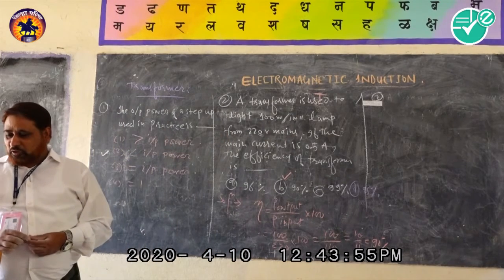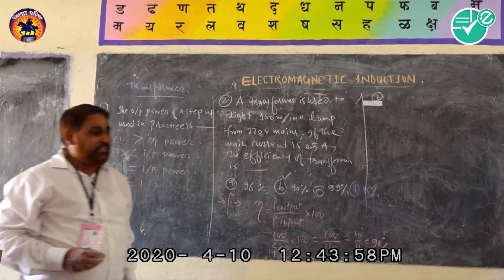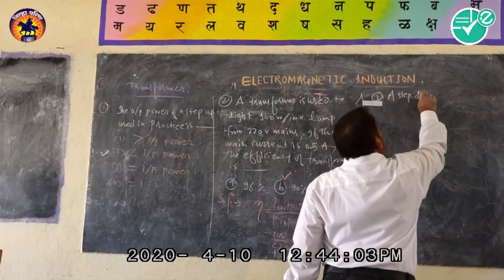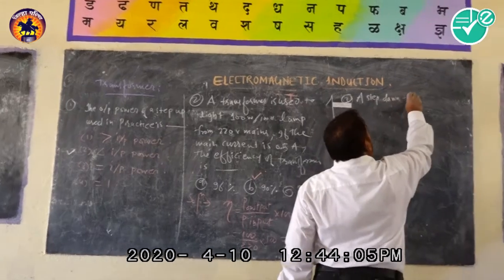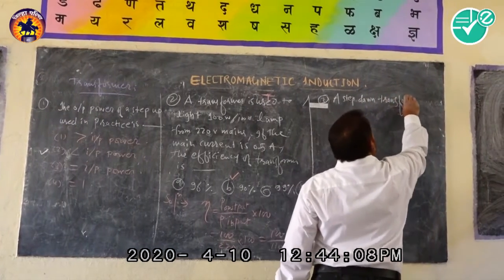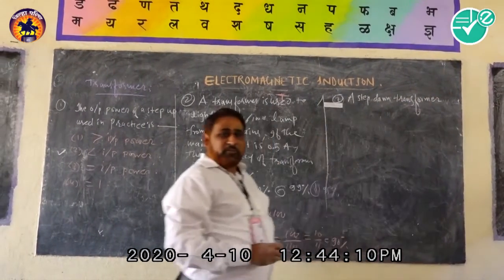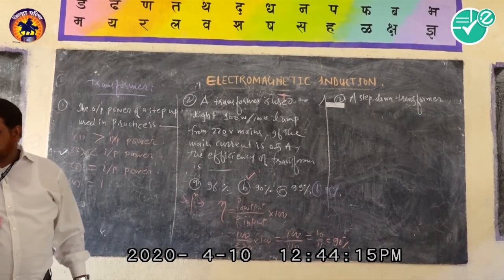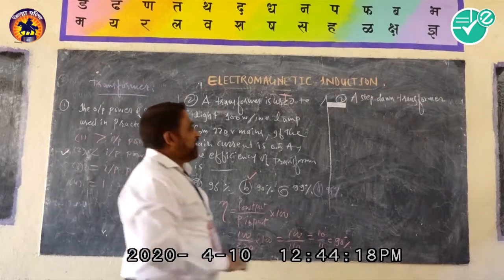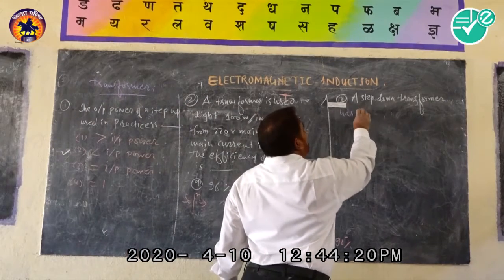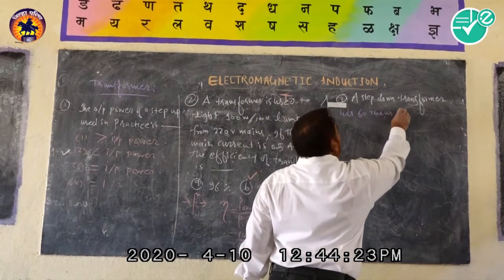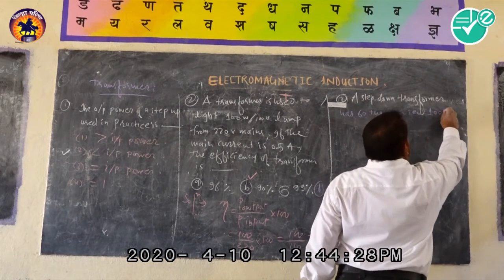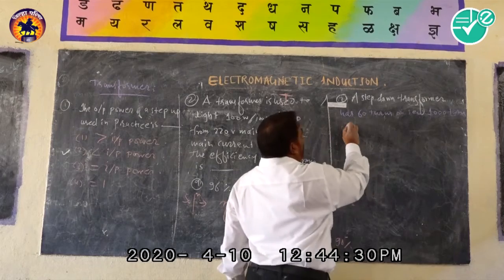A step down transformer has 50 turns on secondary and 1000 turns on primary.